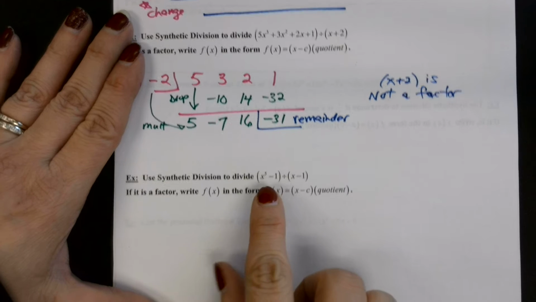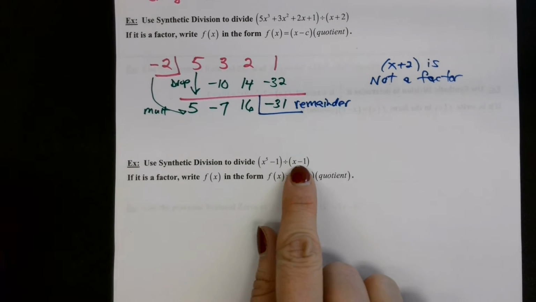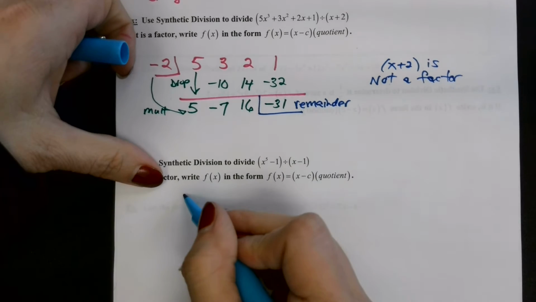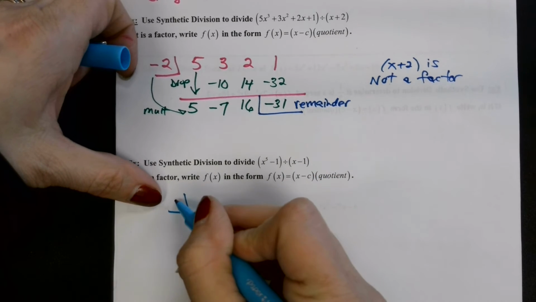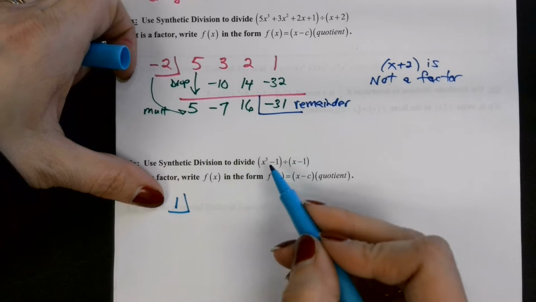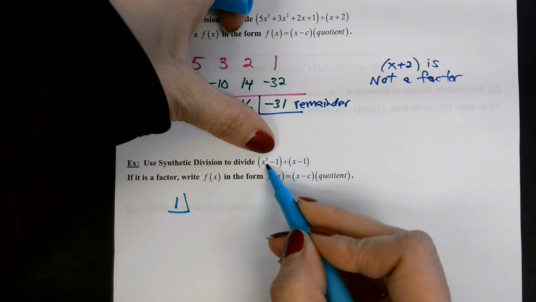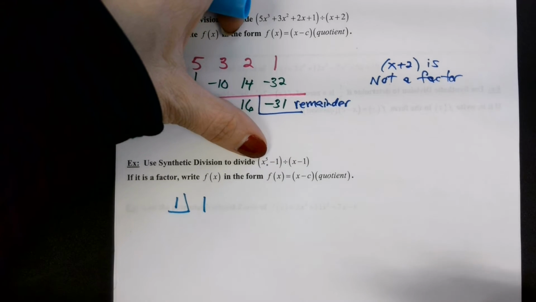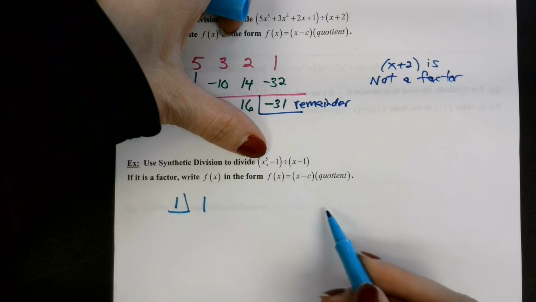Let's try again. Let's divide this polynomial by this one. Since this is a linear term, the x-intercept, or the 0, I'm testing is 1. Now the coefficients of this polynomial, that's 1x to the 5th, but we're going to have to add some zeros.